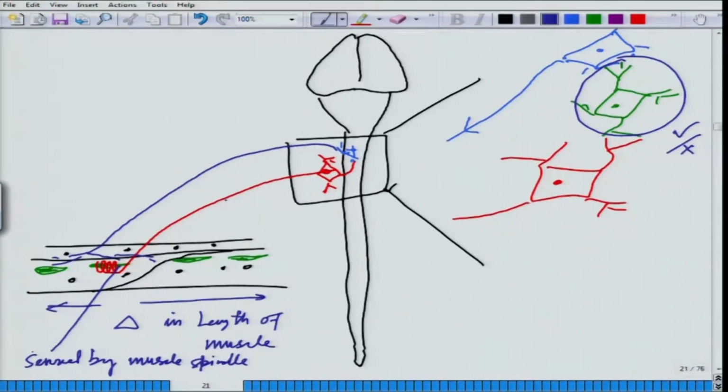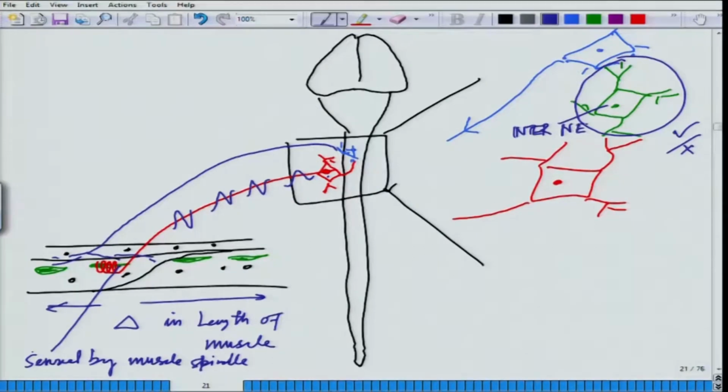Then this electrical signal in the form of action potentials, or train of action potentials, travels all the way to the sensory neurons. From sensory neuron, the signal is transmitted to the motor neurons either through interneuron or directly.